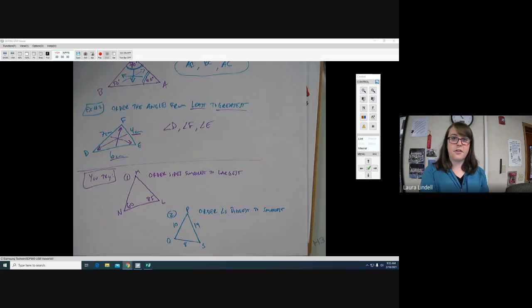No, but you can figure out the third angle, can't you? Good question. What do the angles of a triangle add up to? Yep. So good point. On that first one, you're going to have to find that third angle before you can do anything. Good looking out.